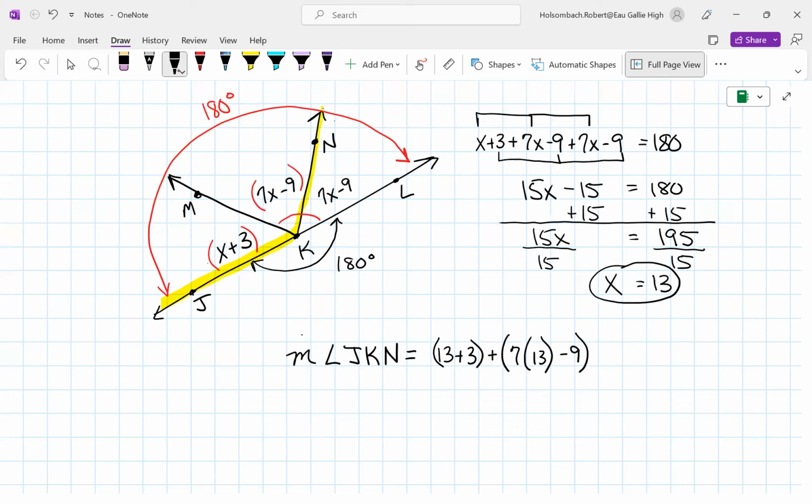So our 13 plus 3 is 16. And then our 7 times 13 is 91 minus 9 is 82. So the measure of our JKN, 98 degrees.